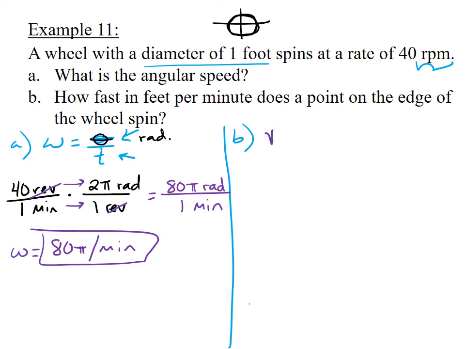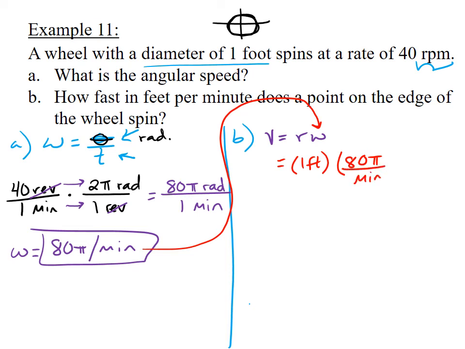And now that we know the angular speed, we can find the linear speed as well by plugging what we know in for omega and applying the radius. Plugging in the information, we will have 1 foot times what we have over here, 80 pi over 1 minute.